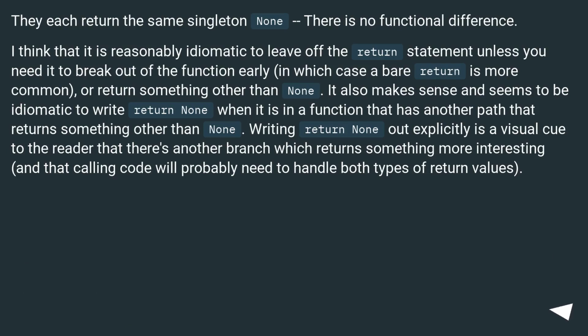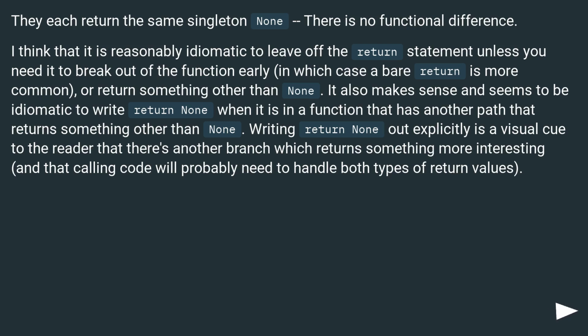They each return the same singleton none. There is no functional difference. I think that it is reasonably idiomatic to leave off the return statement unless you need it to break out of the function early, in which case a bare return is more common, or return something other than none.